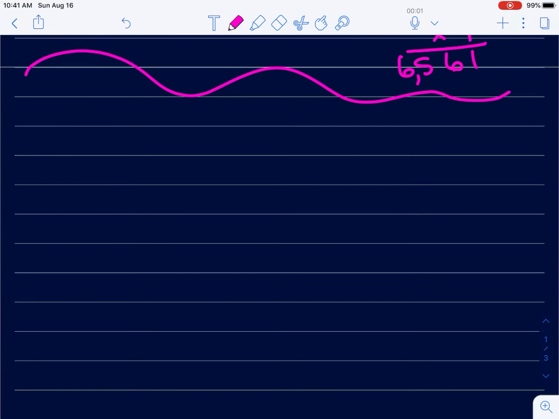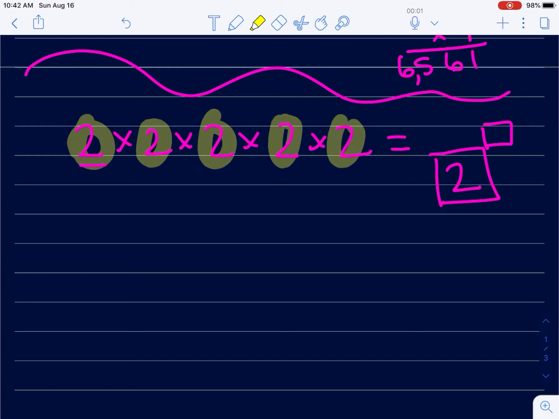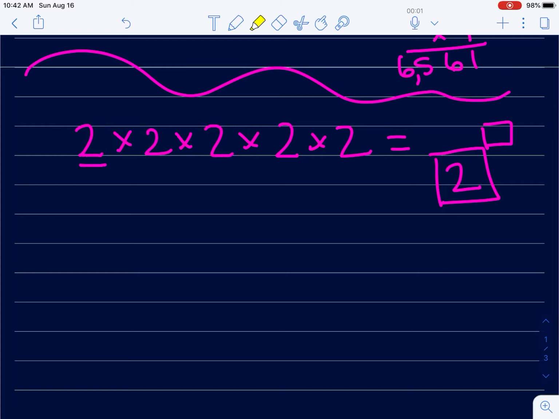Let's say we had something like 2 times 2 times 2 times 2 times 2, and they wanted us to write it as an exponent. That means what's the base and what's the exponent? Well, the 2 is the base, and you would count, since there's 1, 2, 3, 4, 5 of those 2's, then that's going to be 2 to the 5th power.